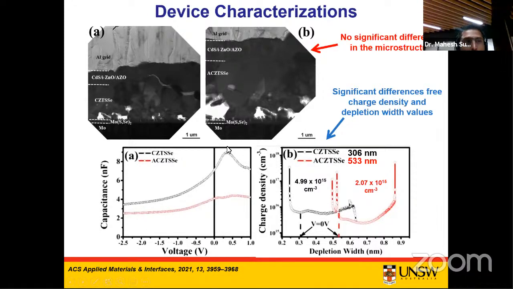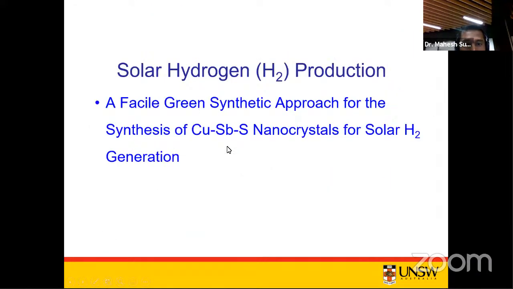Now I will briefly explain our work on utilizing copper antimony sulfide, which is another copper chalcogenide based compound, for application in solar H2 fuel. Most of you must know that to synthesize colloidal nanocrystals of copper chalcogenide compounds, people usually employ long carbon chain organic solvents such as oleylamine, octadecene, and oleic acid, which are toxic organic solvents and are very difficult to get rid of during purification because they contain long carbon chains.